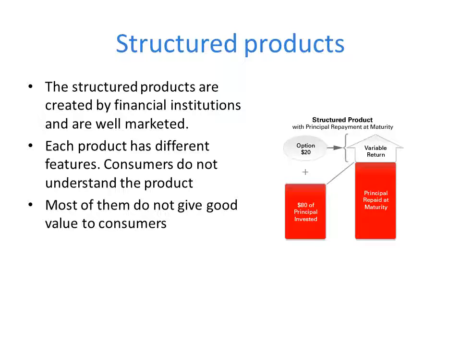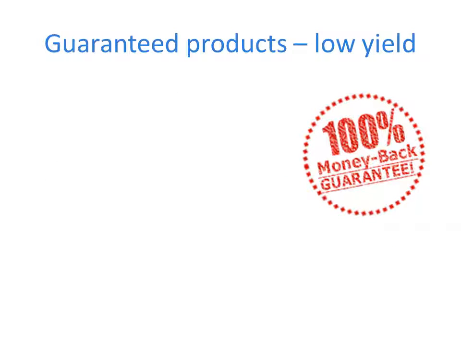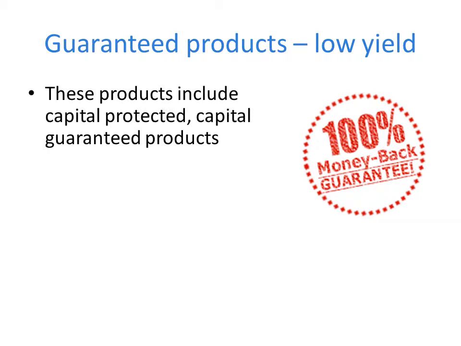But for those who understand, they know that most of these products do not give good value, they do not give a good yield to consumers. Now, one category of products are called guaranteed products. They are capital guaranteed. At the end of the period, usually 5 years, you are assured that you will get back your principal with no investment loss.